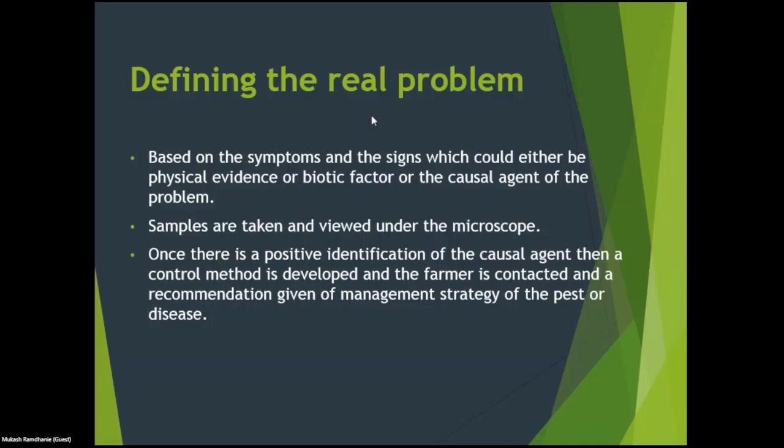One of the things that the entomology and pathology unit does is that all samples that are brought in are dealt with, and we try to give a timeline in terms of dealing with these samples. To the best of the ability of the pathologists and entomologists, they try to develop some sort of management strategy so that the farmer would be able to address this problem as soon as possible.